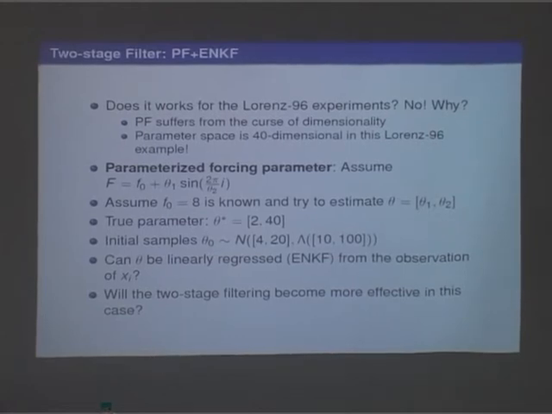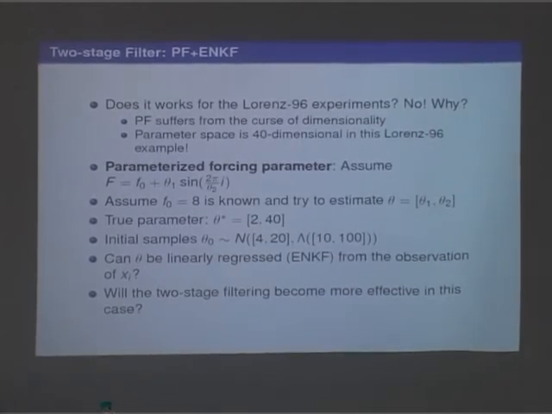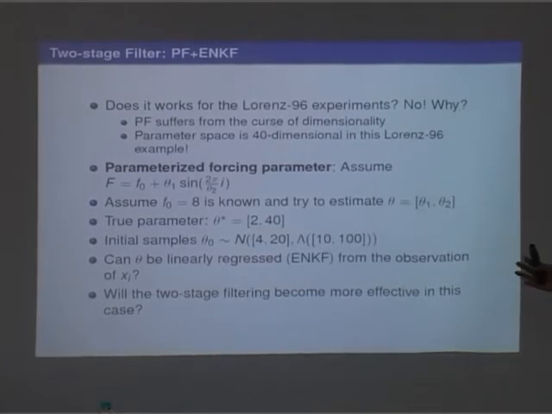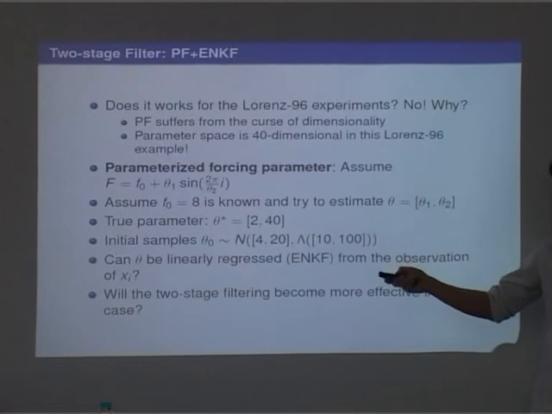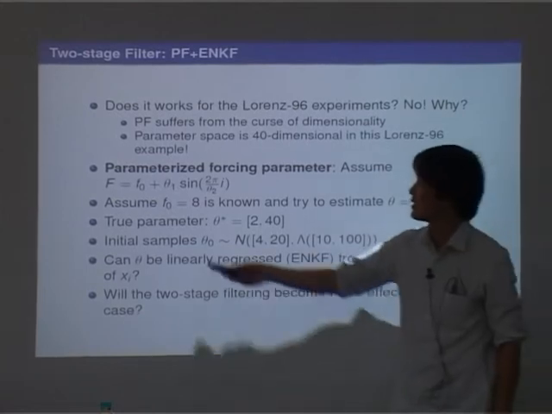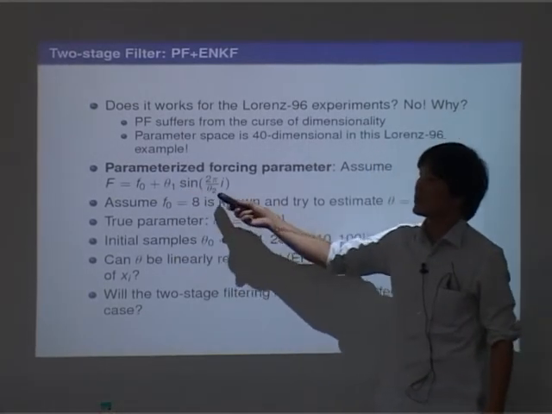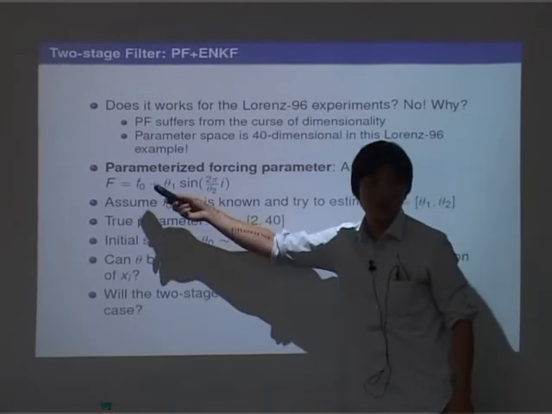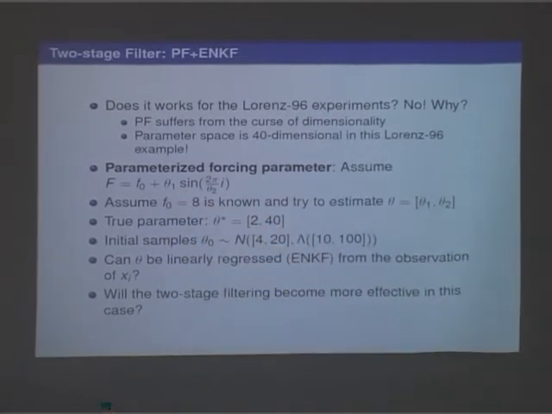The answer is really no, because remember that in that example, the parameter space is 40-dimensional. That's quite large for particle filtering, and that's one reason it doesn't work. So let me change the problem a little bit. Instead of trying to approximate the forcing itself, I can parameterize the forcing this way and try to approximate these parameters, theta 1 and theta 2, and assume that the average F0 is known, because most of the time we know the average.